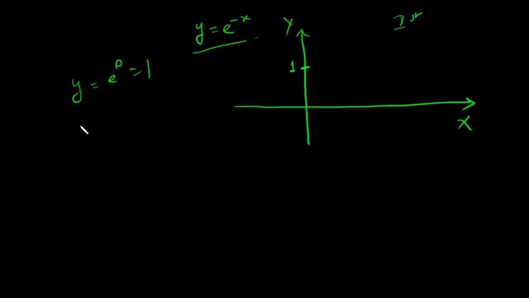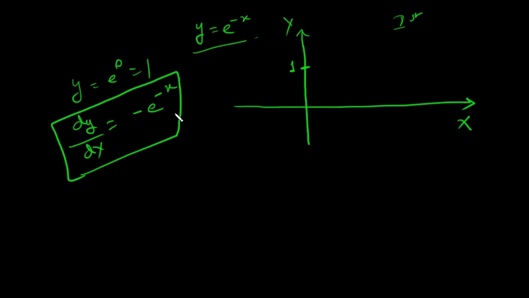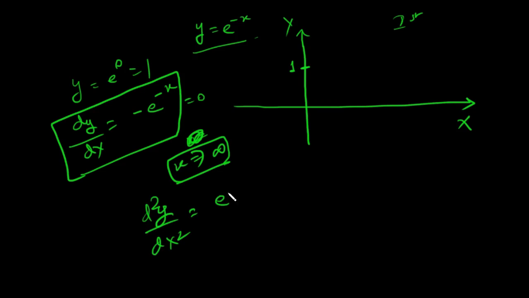Now I would like to find dy by dx so that I can find out if the curve is sloping downwards or upwards. When we do dy by dx, we have minus e to the power minus x. Now, when is it 0? At x equal to infinity. Now, what is the double differential? d square y by dx square would be equal to e to the power minus x.